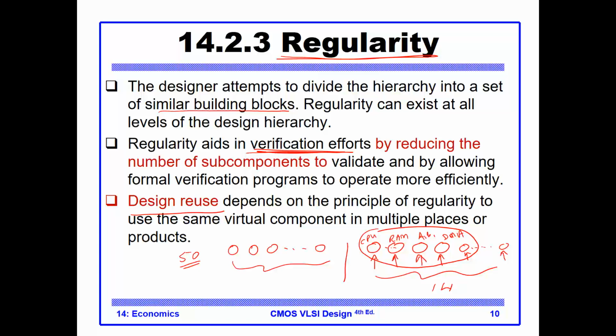But I have to apply this principle of regularity, and I have to find where those similar blocks are and identify them. Okay, so regularity creates for me data path modules, regular arrays, etc. This is in the hardware.